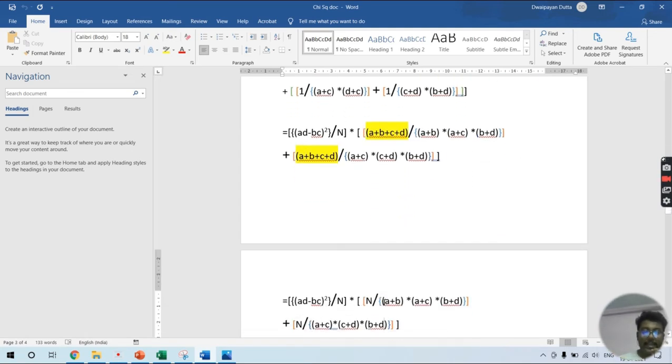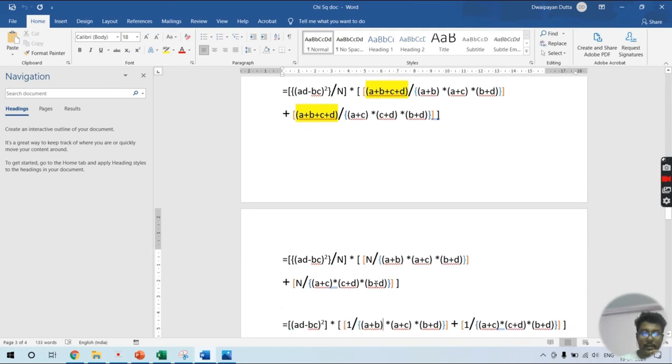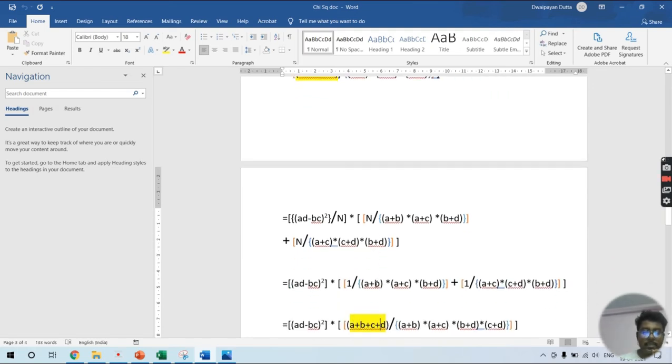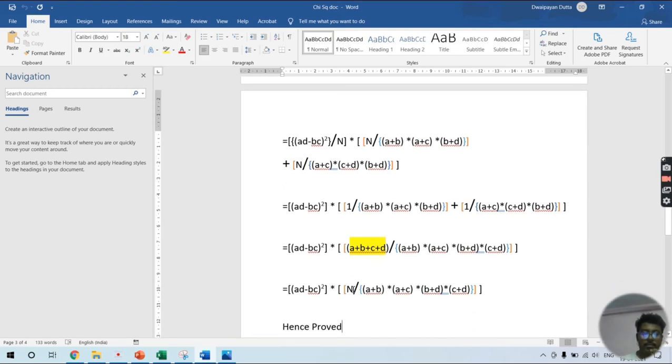So if we take this a plus b plus c plus d as common, I have put the n value here, and after taking it common, this n in the numerator part and this n in the denominator part cancel out, and what we are left with is this part. Again, after adding this, we again get this a plus b plus c plus d in the numerator. And now this is the last and final step. We just put the value n here. And what are we asked to prove?